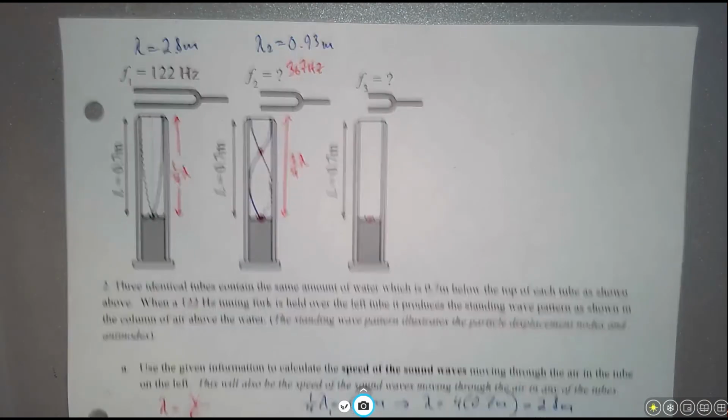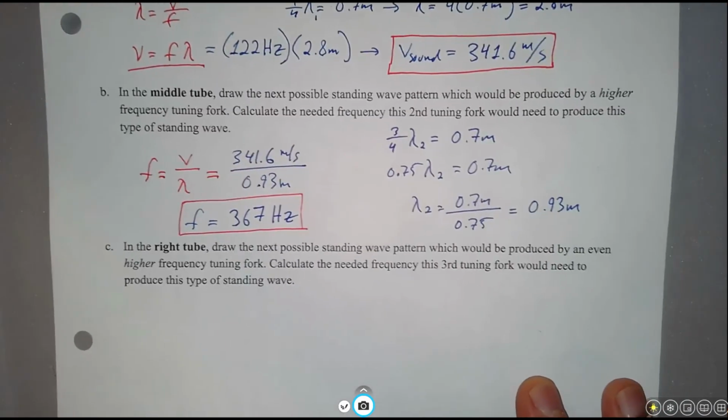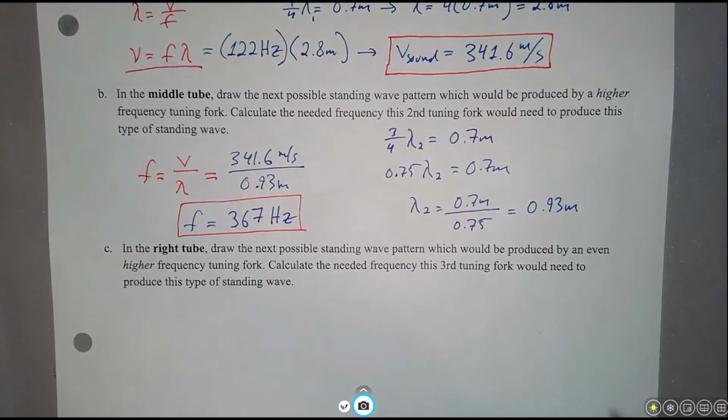And similarly, the last part of the problem has us thinking about the next possible standing wave pattern, which would be produced by an even higher frequency tuning fork. We're going to calculate the frequency this third tuning fork would need to produce this type of standing wave.